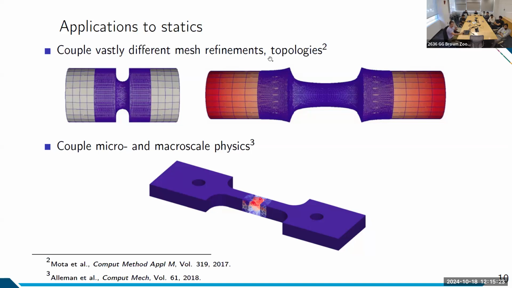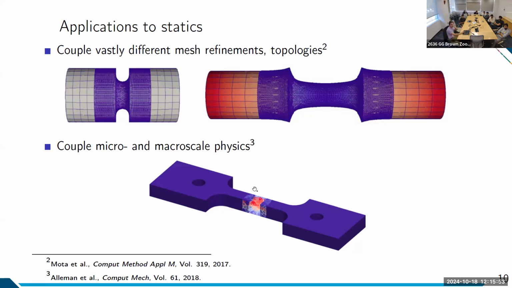You can see in this notched cylinder, you have a fairly coarse mesh around the ends where your physics are not very complicated, but in this notch region you have a very fine tet mesh as opposed to the hex mesh out here. All you need to do is specify some sort of projection operator from one subdomain onto the boundary of another subdomain.